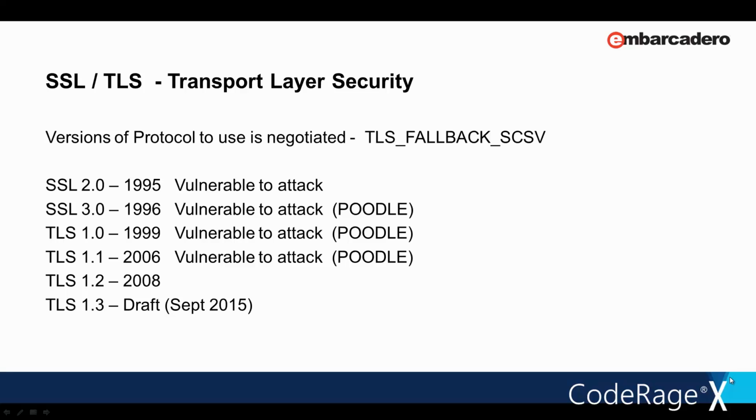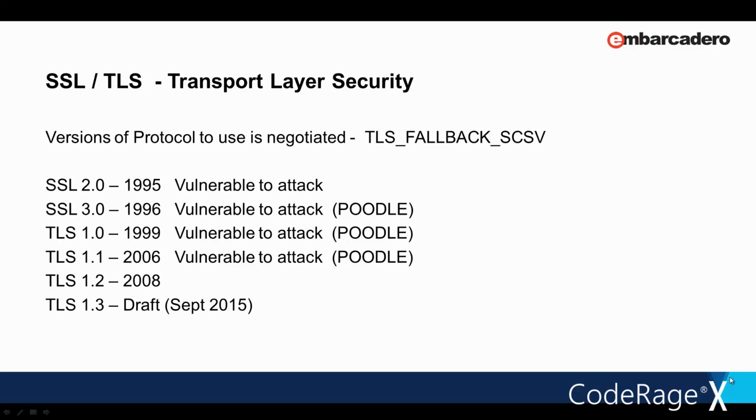And Poodle is basically a downgrade attack. There are lots of different aspects of Poodle, but one of the things it relies on is saying, hey, we have a problem with this protocol, so during connection, let's downgrade to a prior version because maybe the server or the client doesn't support it.